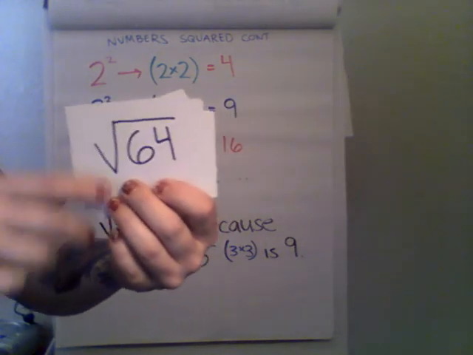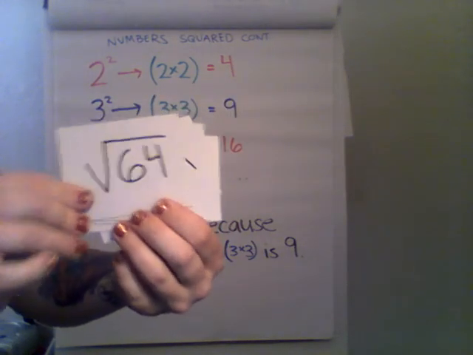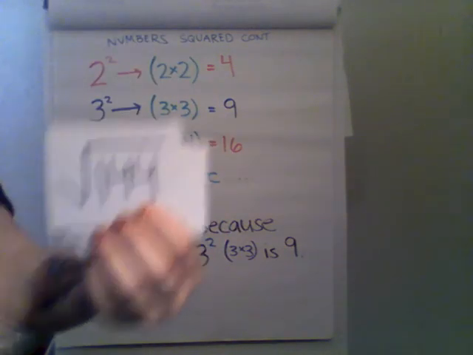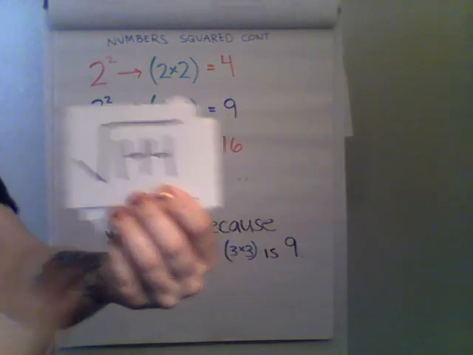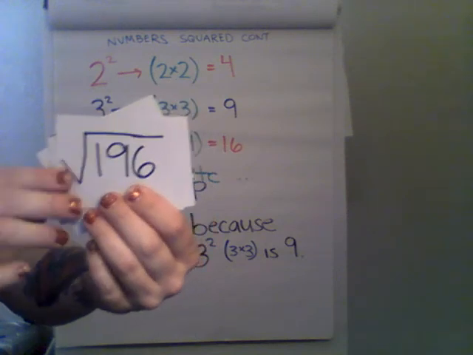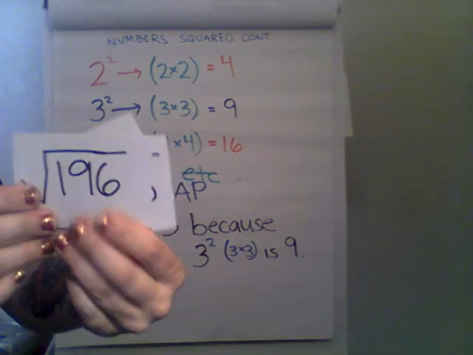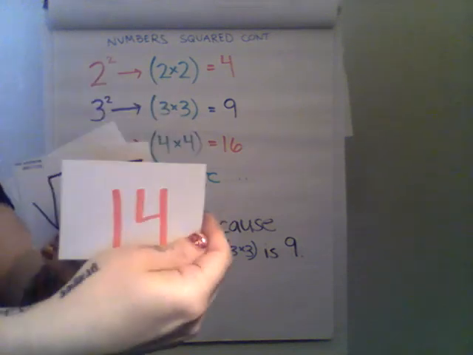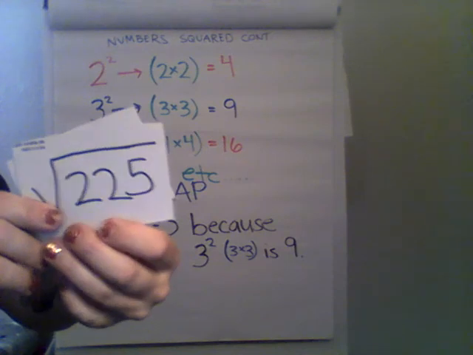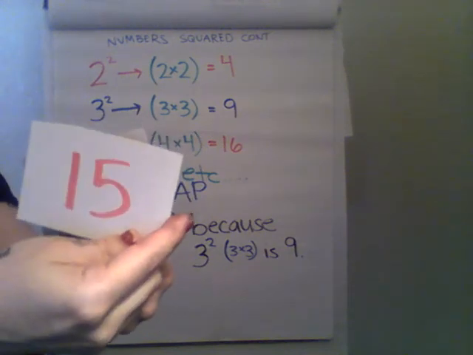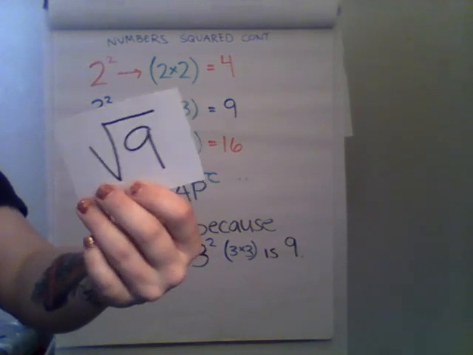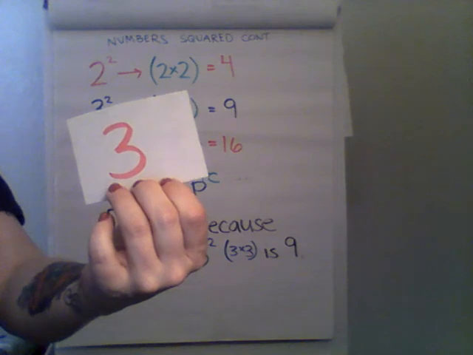Good job. The square root of 64 is 8. Fabulous. The square root of 144 is 12. The square root of 196 is 14. The square root of 225 is 15. And last but not least, the square root of 9 is, you guessed it, 3.